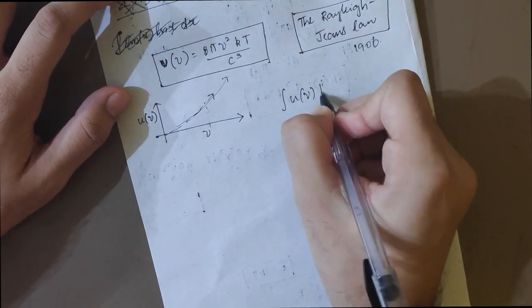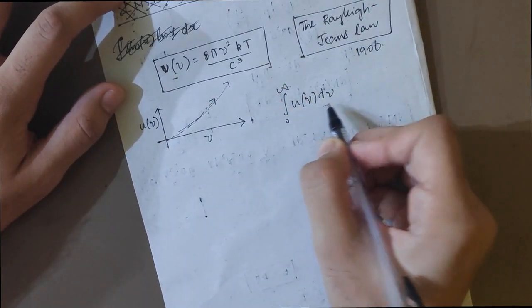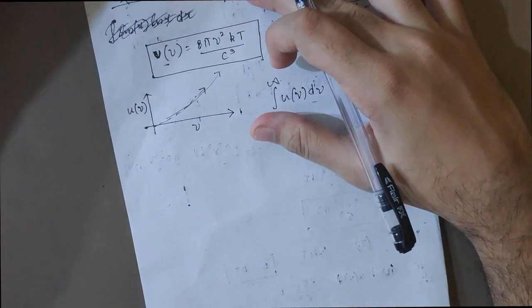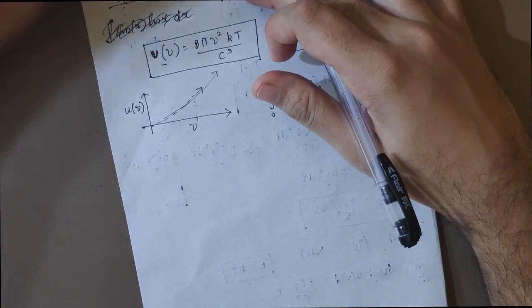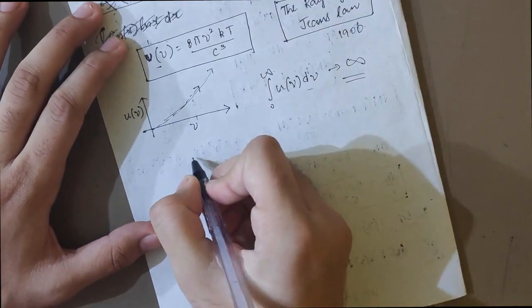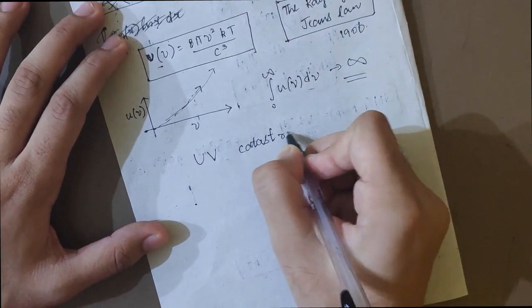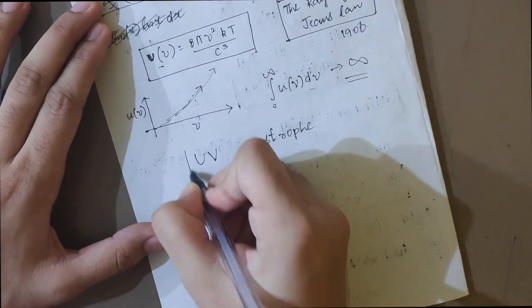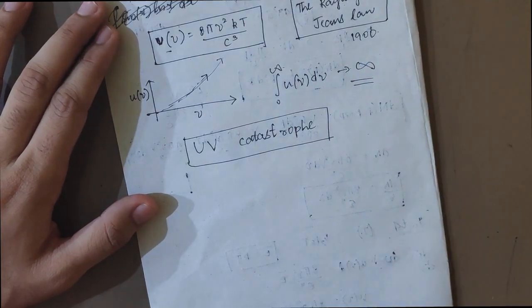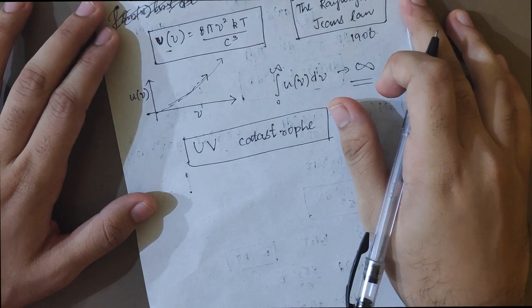So you find the integral of this function for all values of frequencies, and just said that this goes to infinity, so this is wrong. And this famous result, this famous mistake, was called the ultraviolet catastrophe, which meant that the total energy of a black body ultimately diverges at very high frequencies.